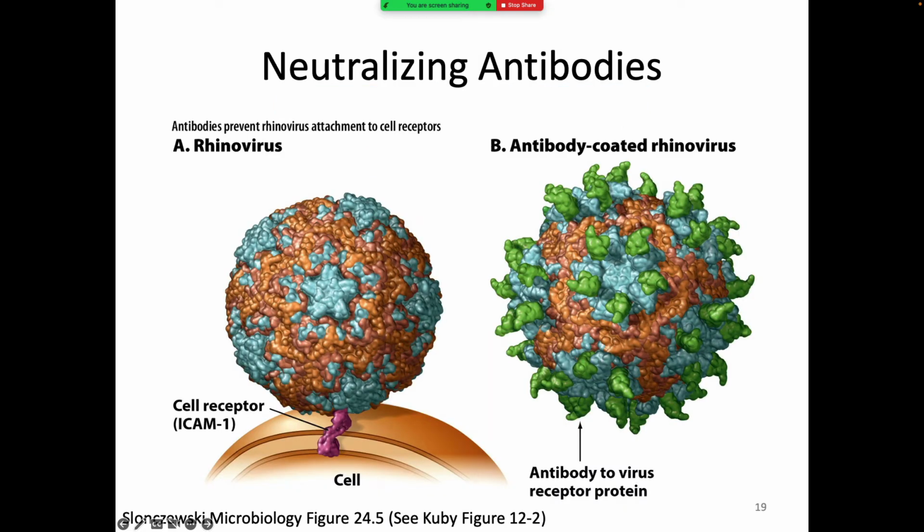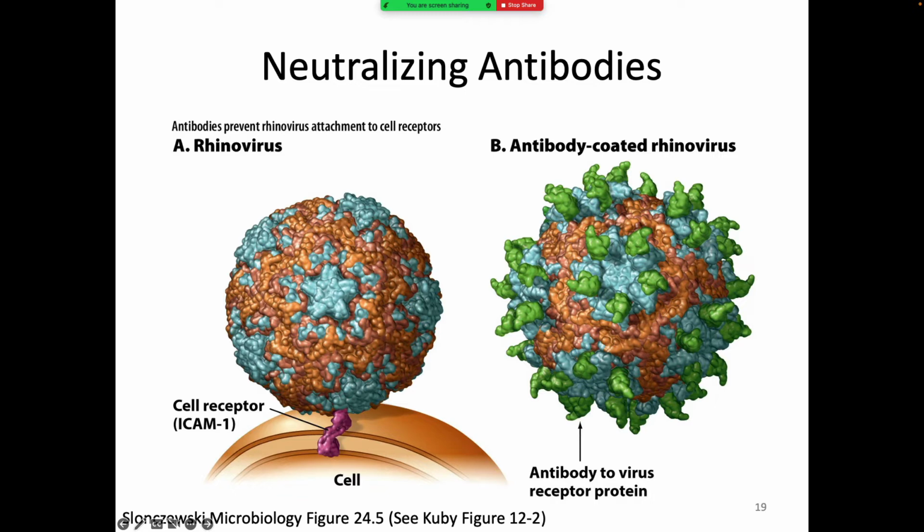You can see another example of this here. This is rhinovirus, one of the causes of the common cold. It's binding to this cell receptor. You can see we're even color-coded with different proteins. And here you can see antibodies in green binding to that rhinovirus particle and making it so that this interaction is no longer possible.